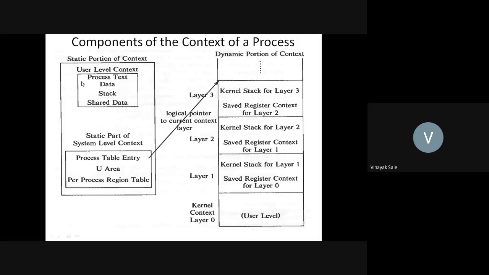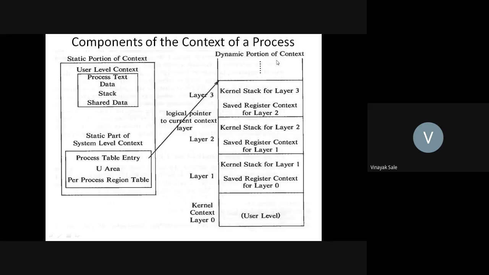The user level context has text, data, stack and shared data. The static part of the system level context consists of the process table entry, user area, and per-process region table, that is the P region table.